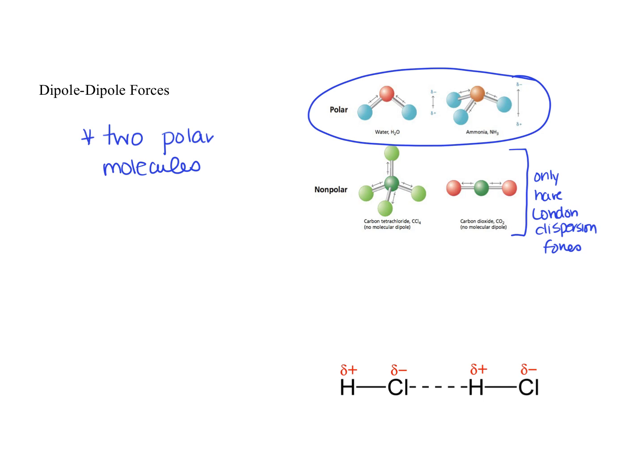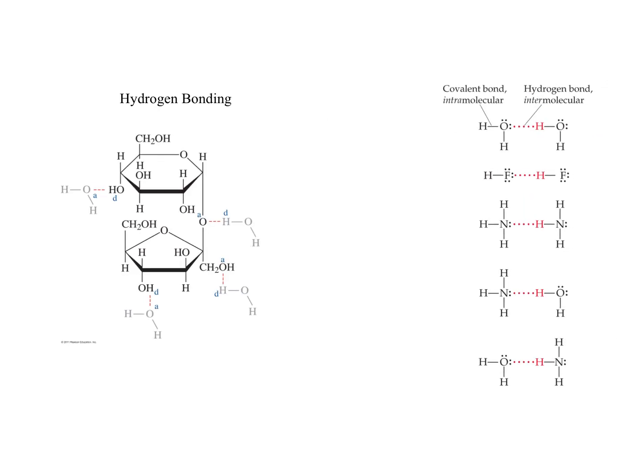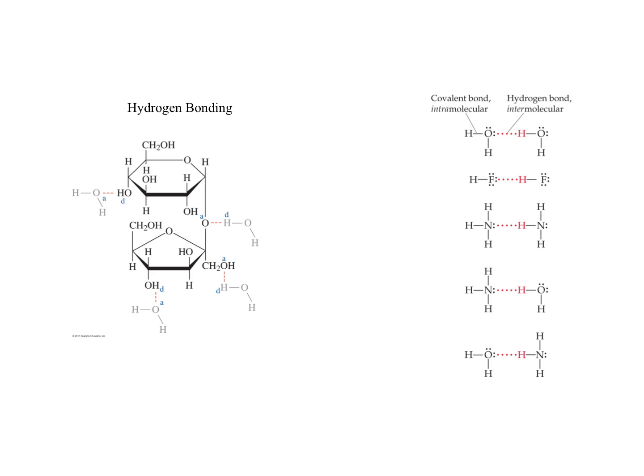Now, these two particular molecules, water and ammonia, can also have a special type of dipole-dipole interaction, which is called hydrogen bonding. Hydrogen bonds can occur between a fluorine, oxygen, or nitrogen on one molecule and a hydrogen bonded to a fluorine, oxygen, or nitrogen on another molecule.